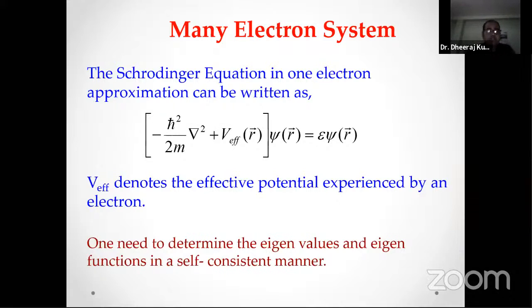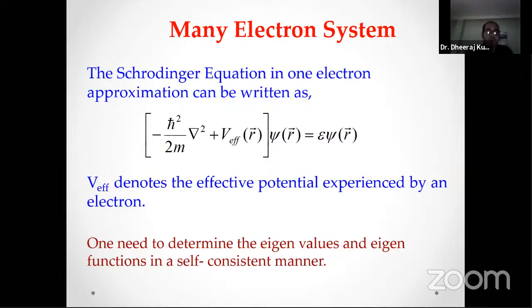In this theory, the system, meaning the nanomaterial, is considered as a many-electron system. In such a many-electron system, the Hamiltonian can be written as the sum of two parts, the kinetic energy and the potential energy.